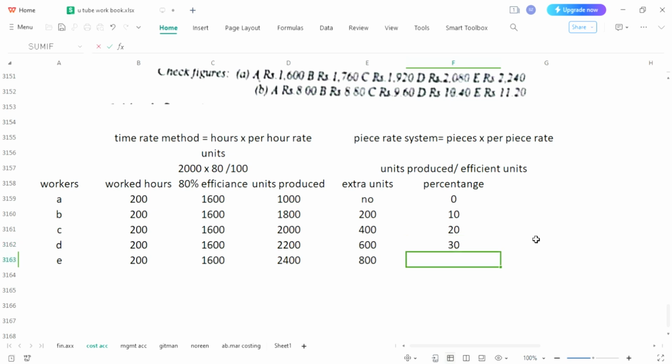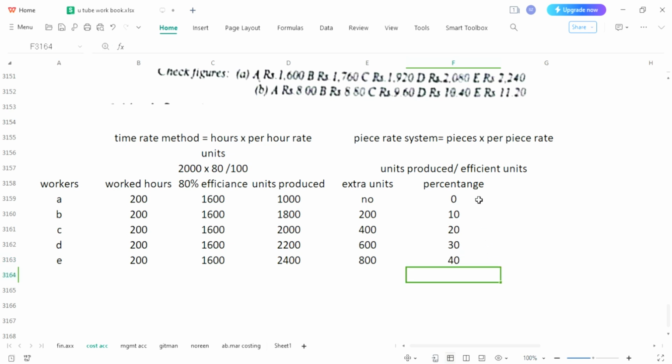So you have got the third percentage. For the fourth percentage, 800 units have been made extra and total units were 2000. Multiply it by 100. You have got your extra percentage.